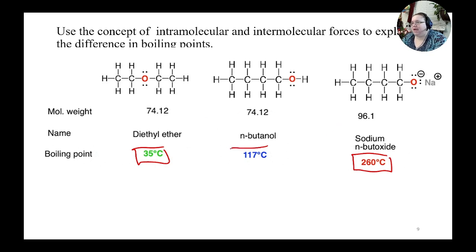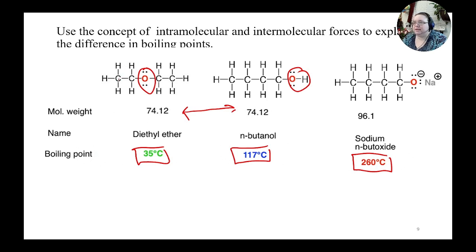If I look at the first 2, their masses are identical, so the size isn't a factor. The biggest difference between these 2 is the position of the H. So in the diethyl ether, my O is in the middle.